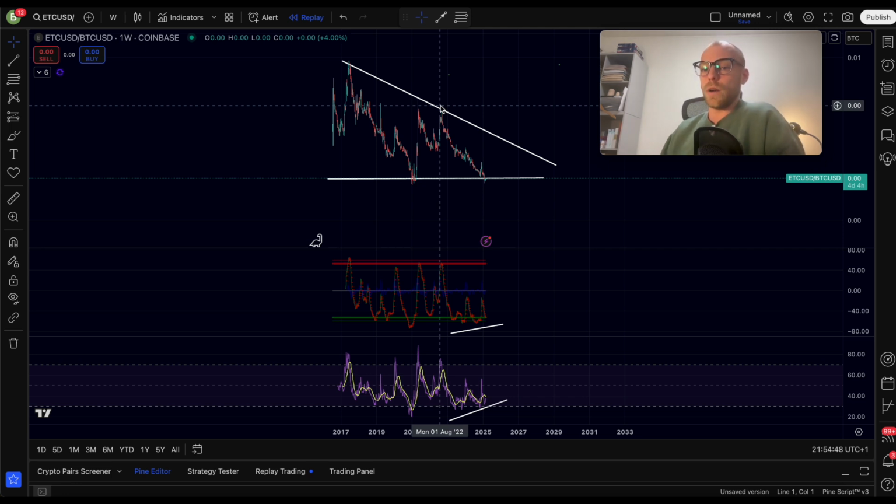For me, I'm willing to take the risk on this token with a certain amount of my portfolio. That's not going to be a big amount of my portfolio, not even 5% of my portfolio, maybe a little bit less than 5%.